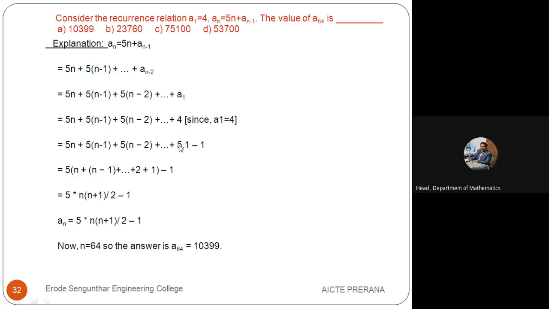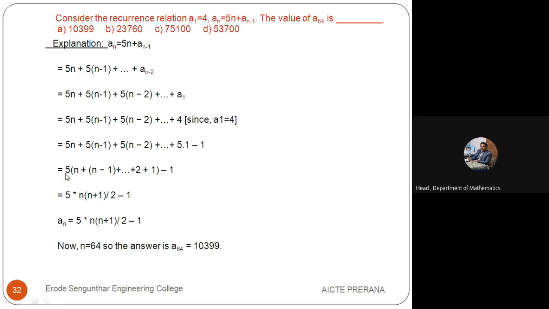We simplify this, we have this equation. It is 5 into n, then 5 into n minus 1, 5 into n minus 2, then 5 into n minus 3, etc., here 5 into 1 minus 4. The last term is 4, given that this term is 4. Therefore, we write this 4 as 5 into 1 minus 1.